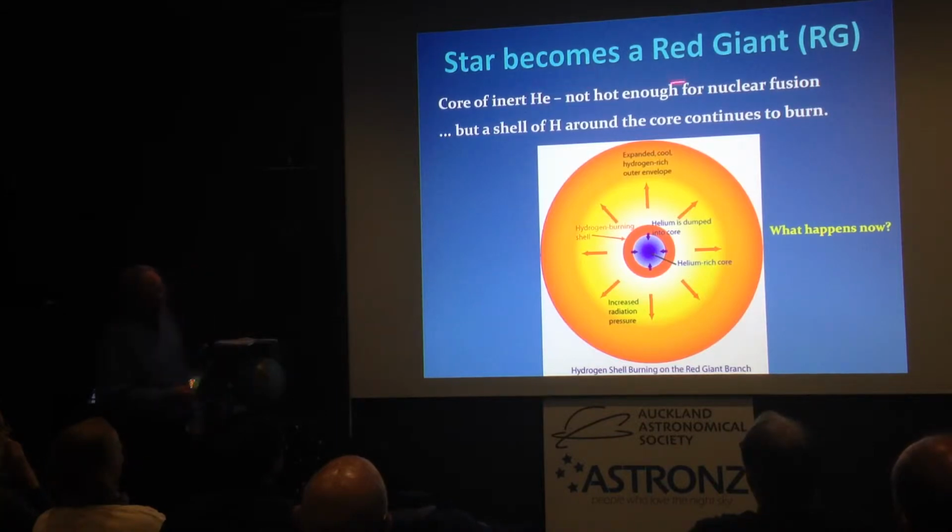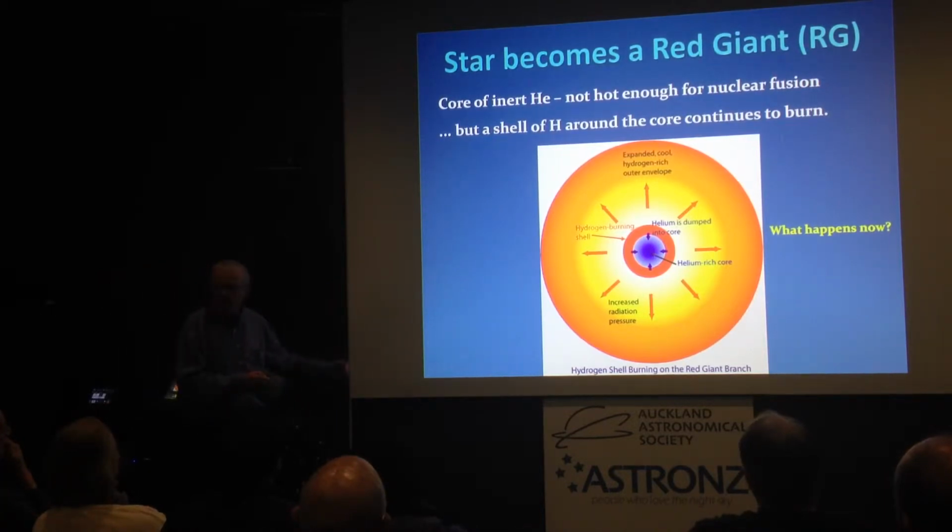So the star becomes a red giant, but how does it do that? Well, the core of inert helium is not hot enough for nuclear fusion yet. The pressure and the temperatures, as we've talked about, in a star the size of our sun, about 15 million degrees, burn up the hydrogen, but it's not hot enough for helium.